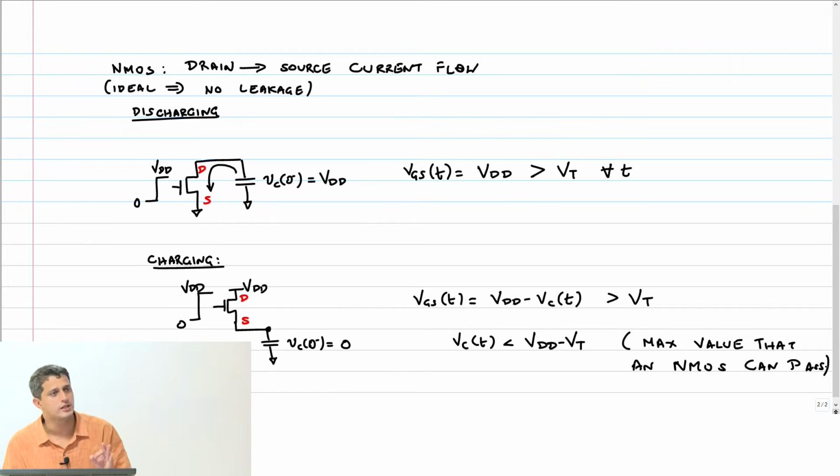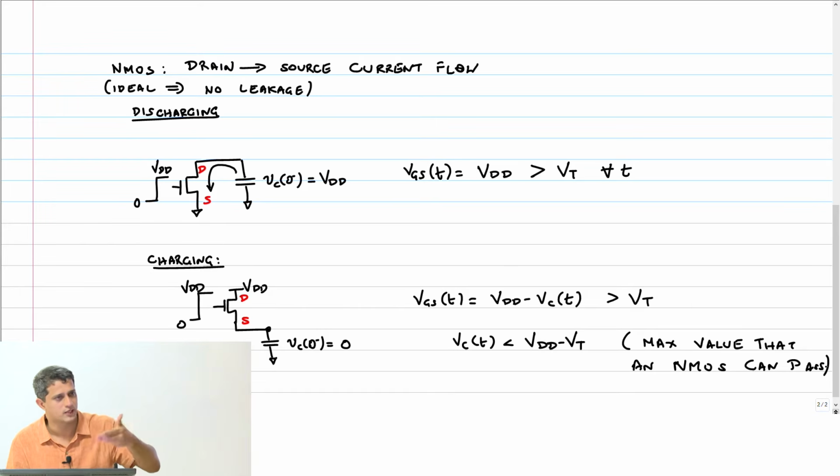The key difference is, in the discharging case, the source was fixed at ground. VGS did not depend on the capacitor voltage. On the other hand, when I am charging the capacitor, VGS depends on the voltage that is being charged.